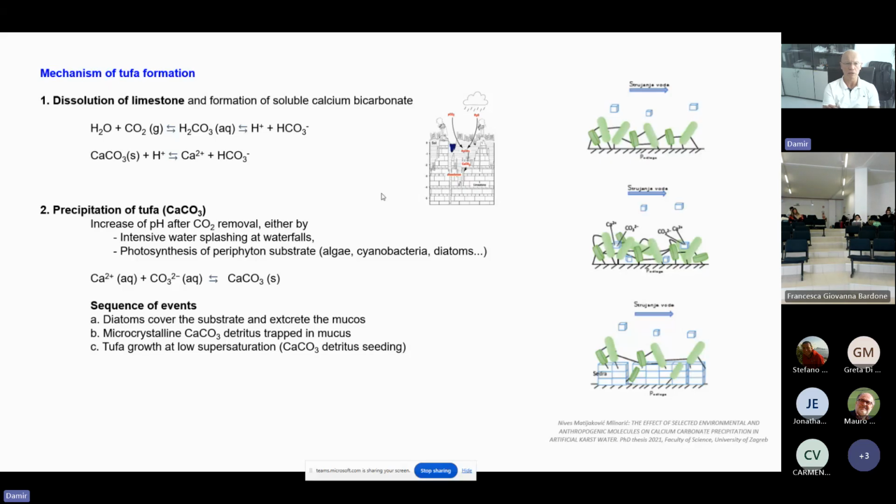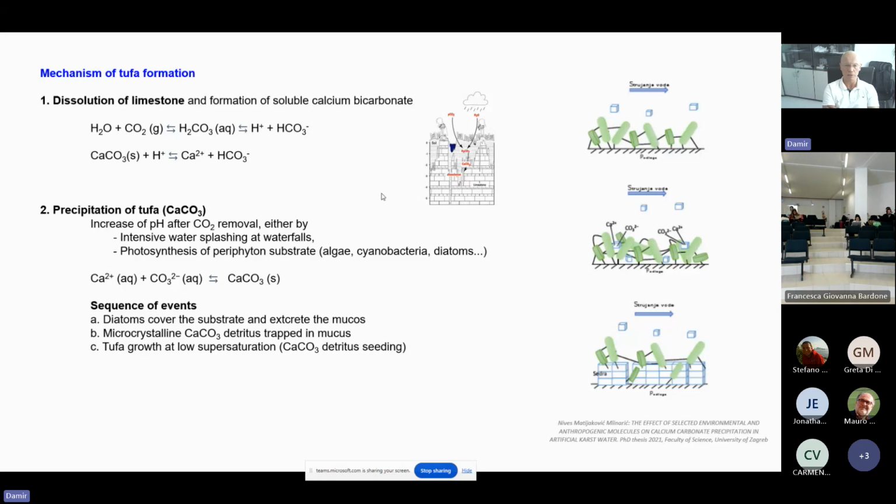First of all, the increase of pH after carbon dioxide removal can be caused either by intensive water splashing at waterfalls, but also by photosynthesis of periphyton. Therefore, these two processes cause this well-known chemical reaction: calcium plus carbonate ion produce tufa.